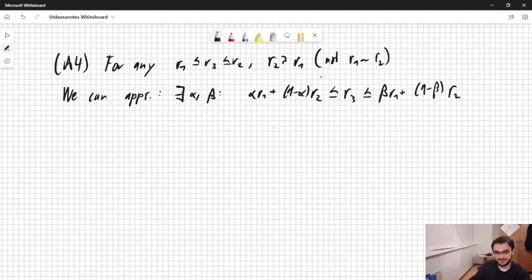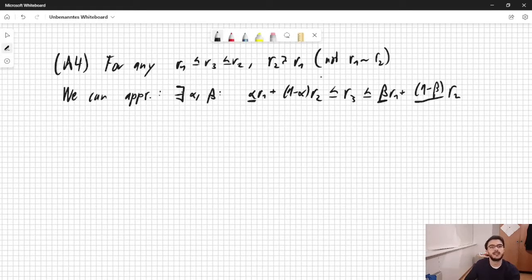How is this possible? Why does this make sense? We're just saying that we can choose this constant here so large that we are very, very similar to R1 and therefore we are worse than R3. And we can choose this constant here so small, and thereby this constant here so large, that we're better than R3. This doesn't mean that our choice has to be linear in some sense. We can say that 1 minus beta is very, very large, something like 99.99%.